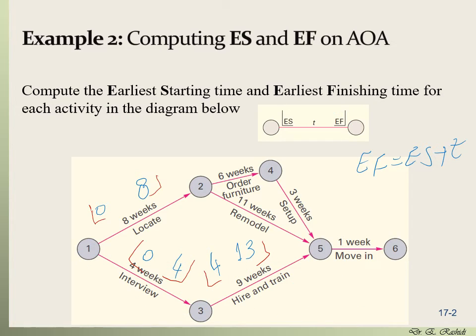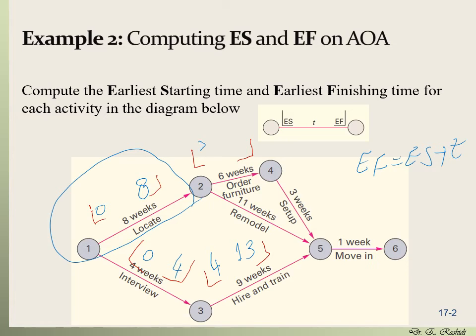Next, I'm going to do activity 2 to 4. So I'm going to open a box here, this little box here. The earliest start for this activity 2 to 4, the ordering furniture, for this to be completed, we need to have the previous activity, which is locating 1 to 2, completed. And the earliest finish for that is the 8th week.